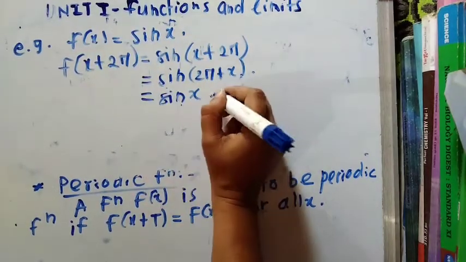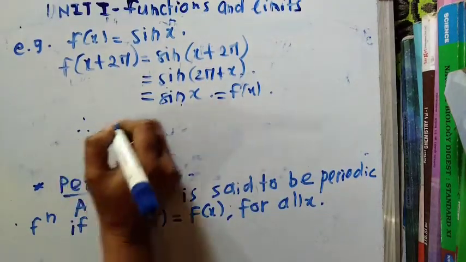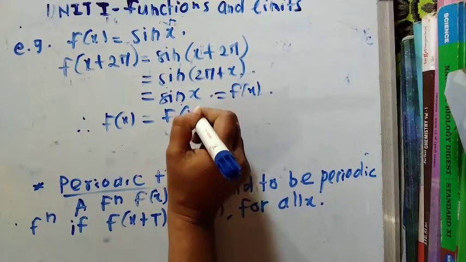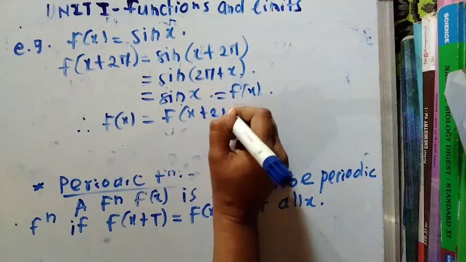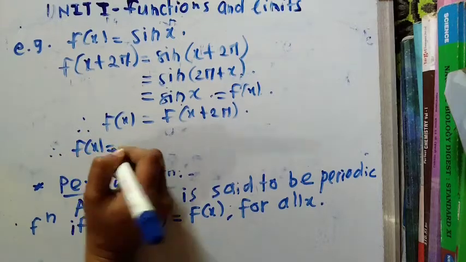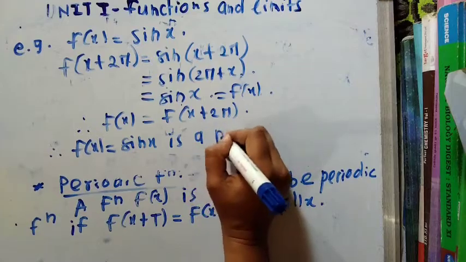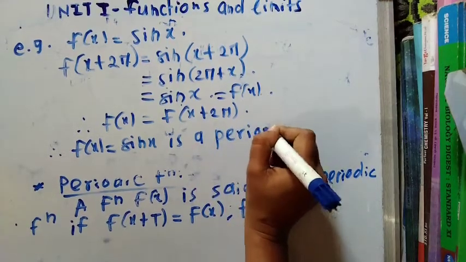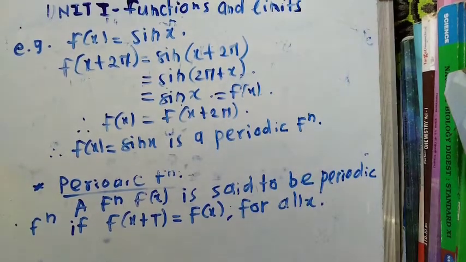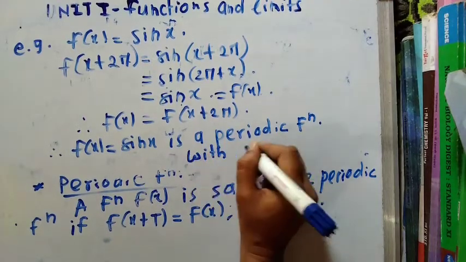But sin x is f of x, so here we prove that f of x is equal to f of x plus 2 pi. Hence f of x is equal to sin x is a periodic function with period 2 pi.